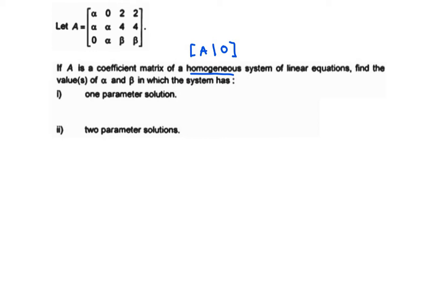Right? So before you proceed with these two questions, you need to simplify the matrix so that it is in simplified form. So we need to use elementary row operations for that system.